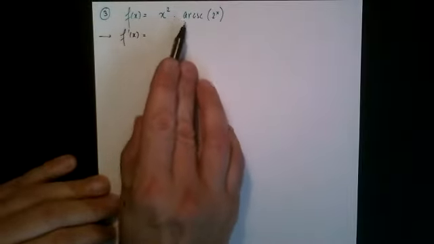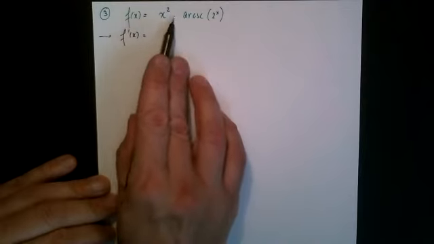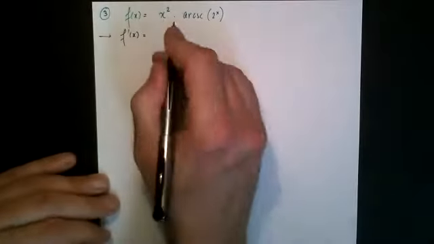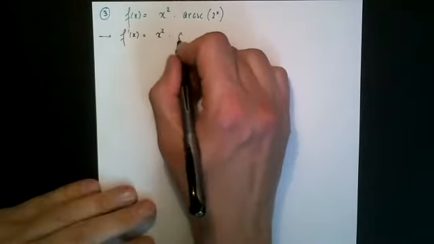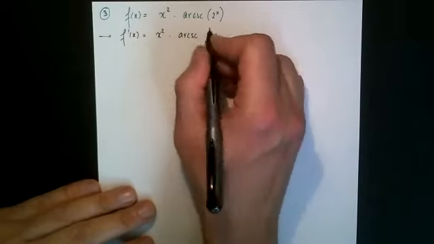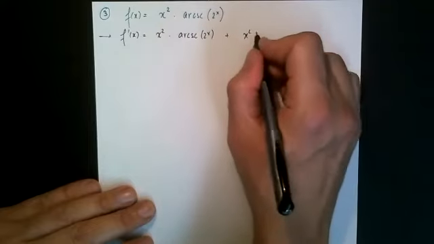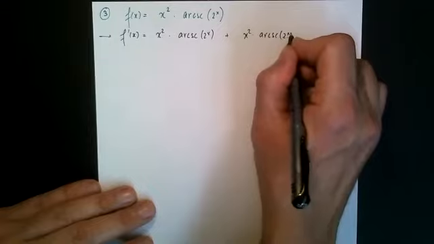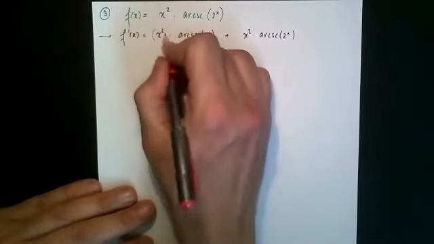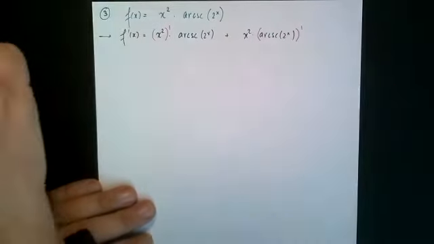Okay, so notice here that you have a product. So there is going to be a product rule here. So x² times arccosecant of 2 to the x plus x² times arccosecant of 2 to the x, of course, u prime v plus u v prime.